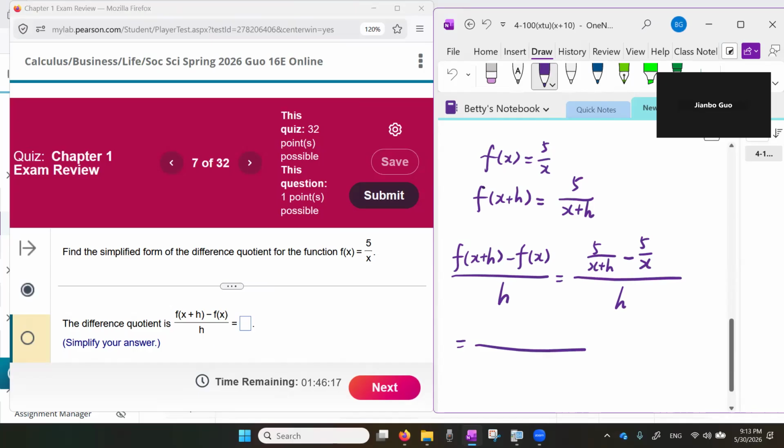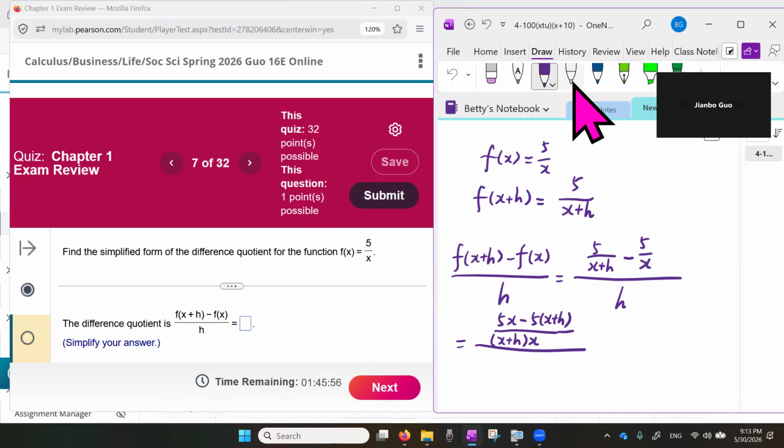See the numerator as a difference of two fractions. In order to process this subtraction, we need them to have the same denominator, okay? So we're going to have x plus h times x. This is 5 times x minus 5 times x plus h.